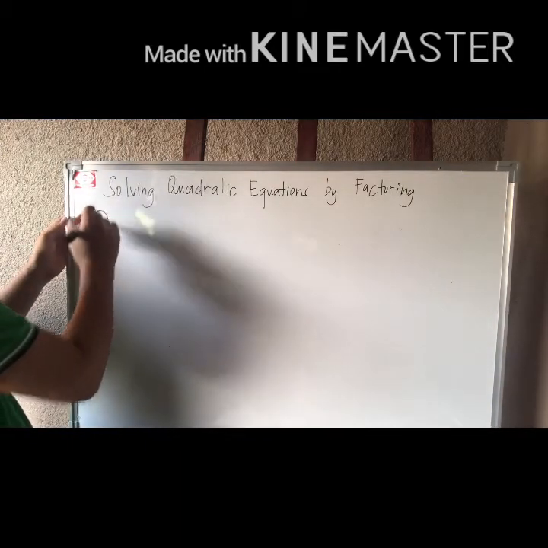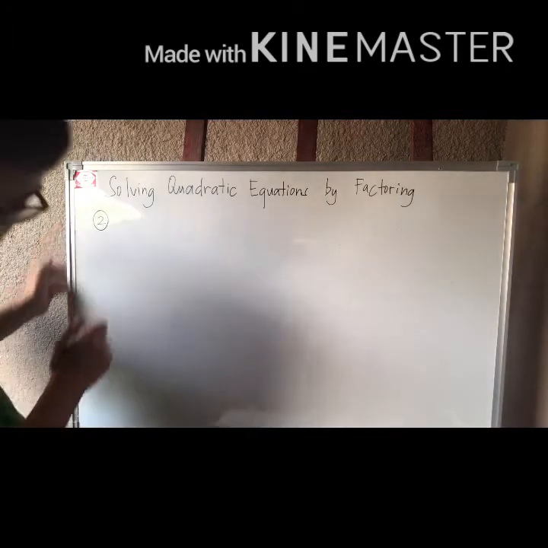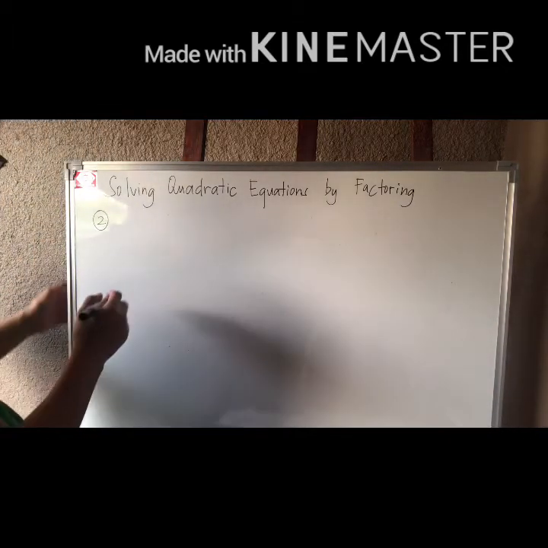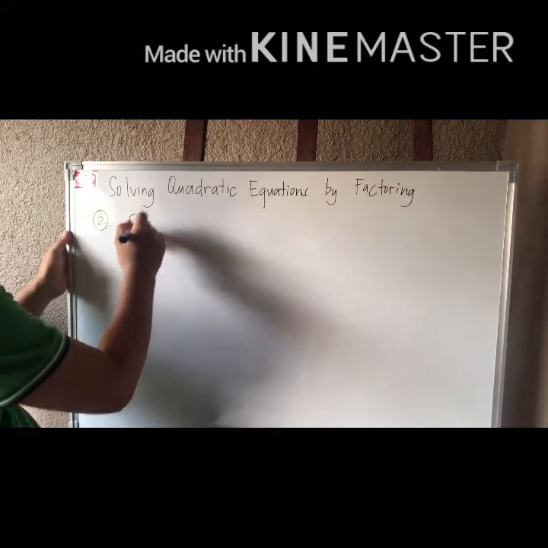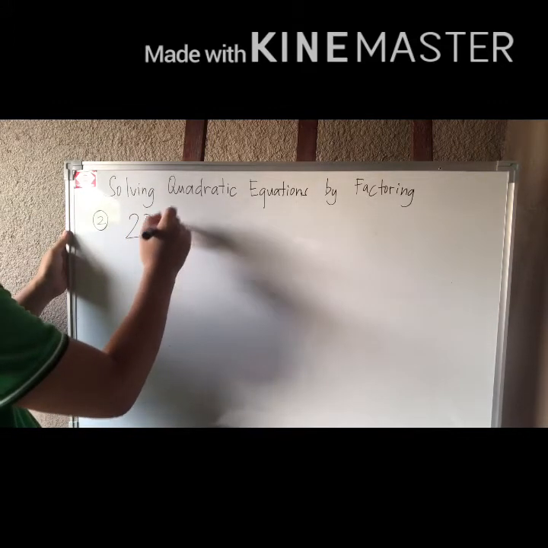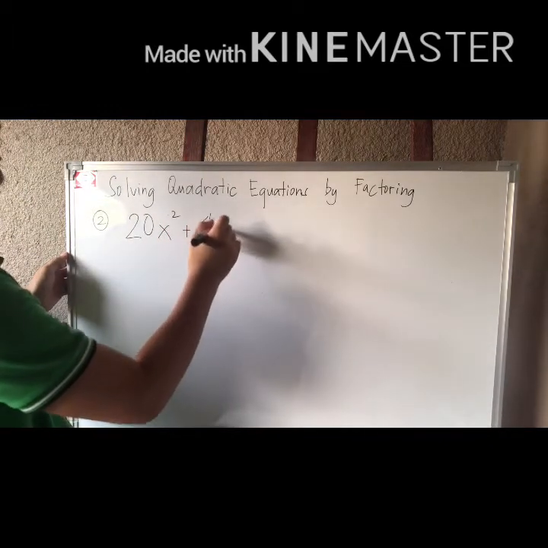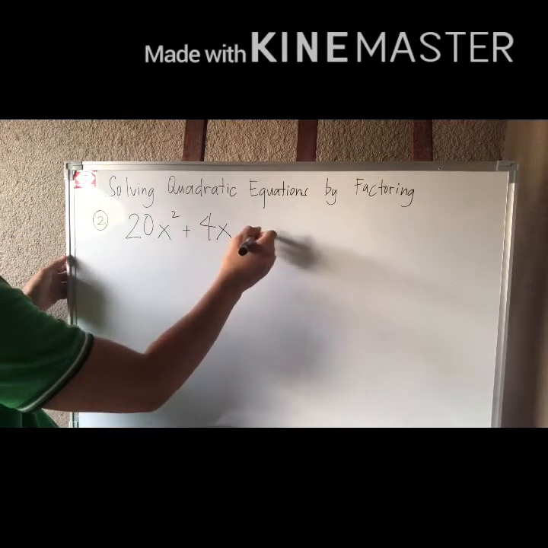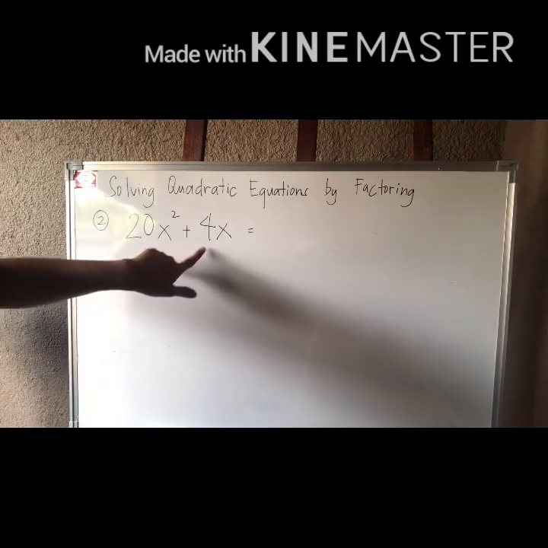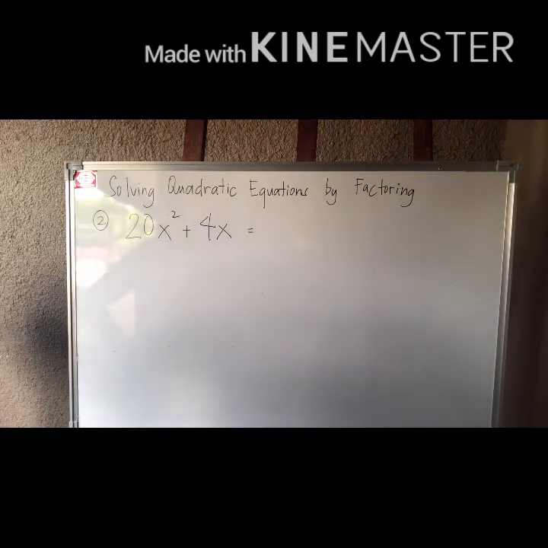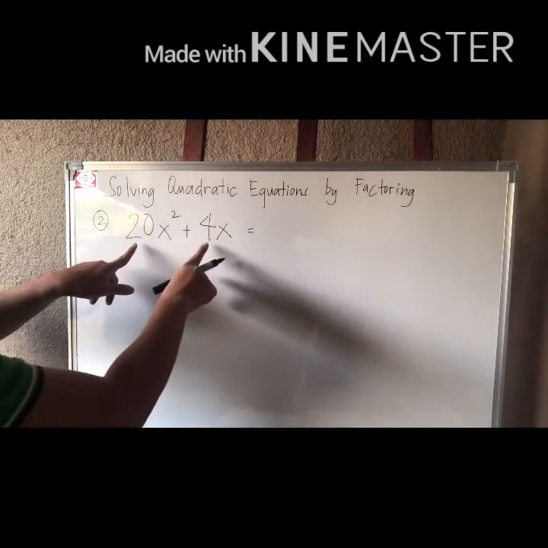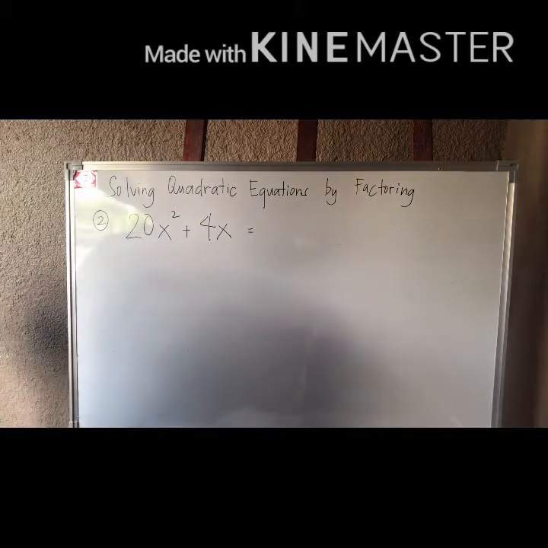Okay, number 2. We have 20x squared plus 4x. So start first with the numbers. So we have 20 and 4. So the GCF of 20 and 4 is 4.